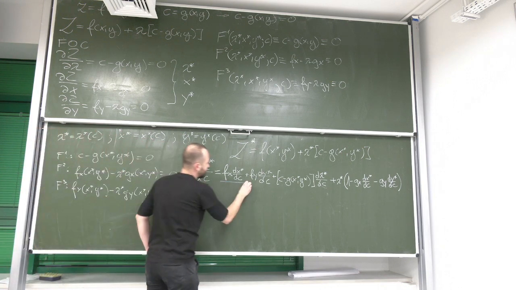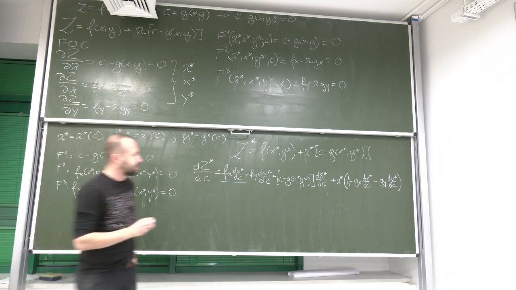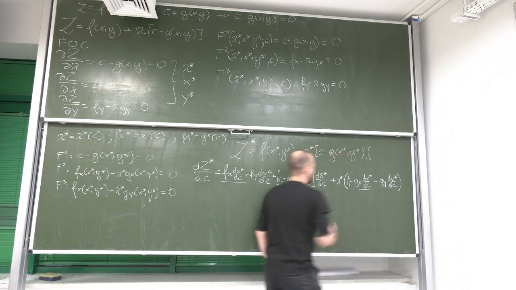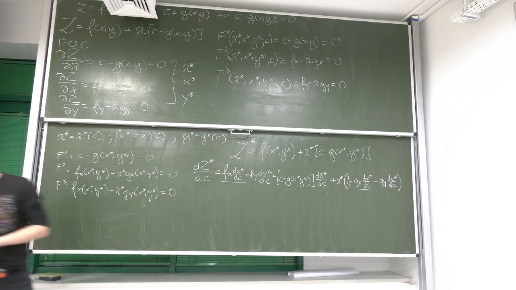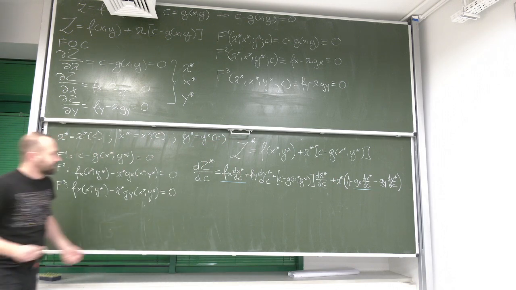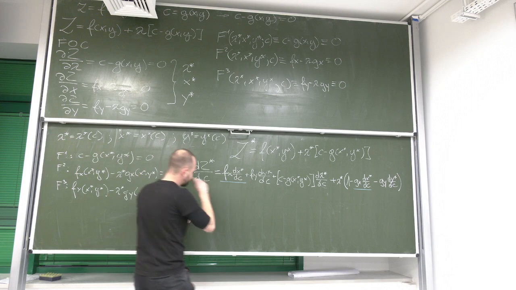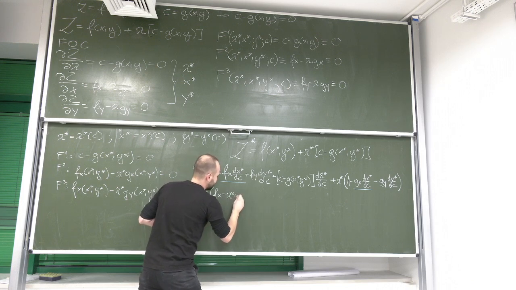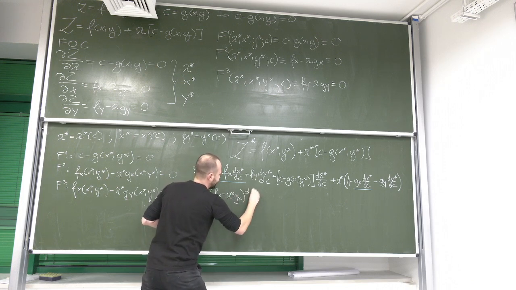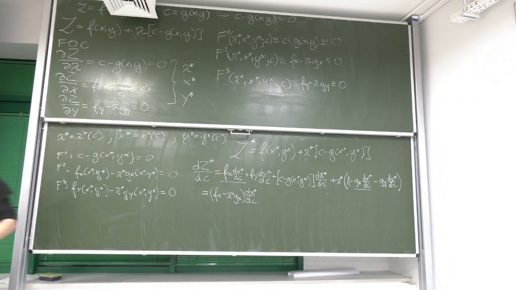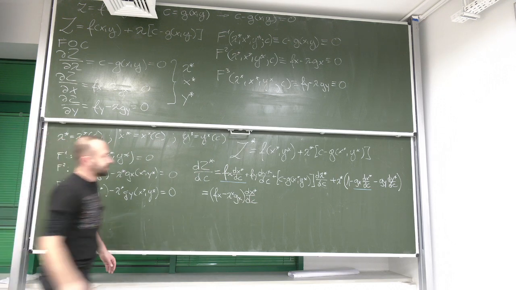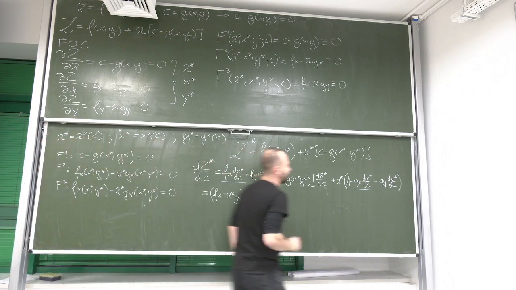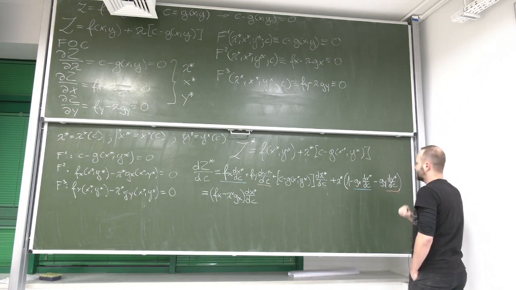Okay, and look, what we can notice over here is that some expressions can be put together. For example, here we have the expression dx/dc, and here we have the expression dx/dc. Why not put those expressions together, right? So we would have here f_x minus lambda times g_x multiplied by dx/dc. Okay, then similarly, you can notice that we have two expressions with dy/dc.